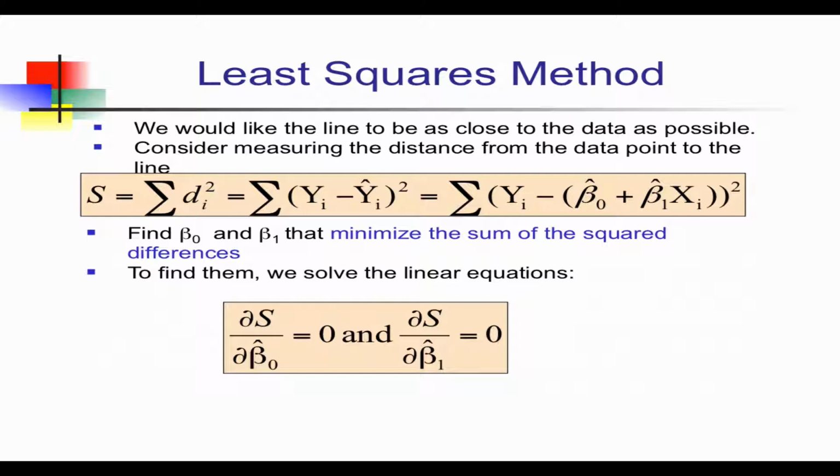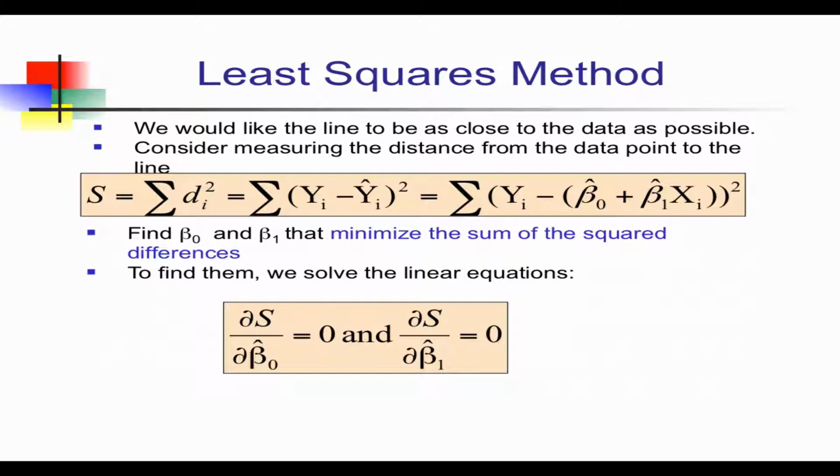So essentially, the objective function is the summation of the squared distances, and each squared distance is a function of beta 0 and beta 1. The most intuitive way to estimate beta 0 and beta 1 is to find the values that minimize this objective function.